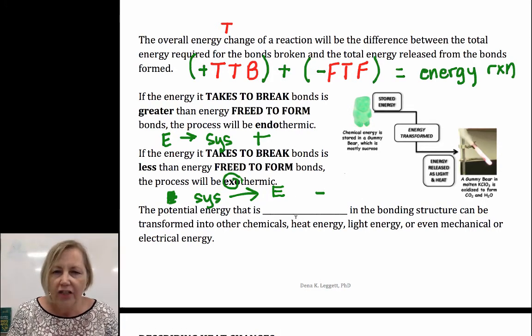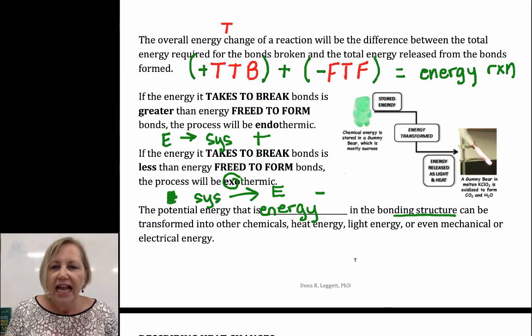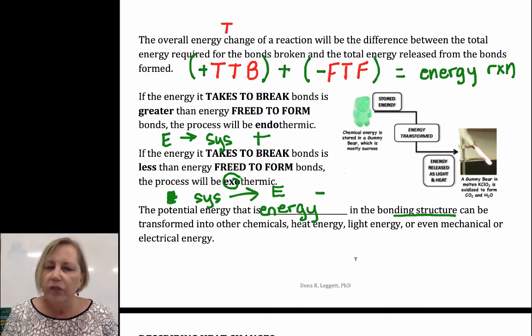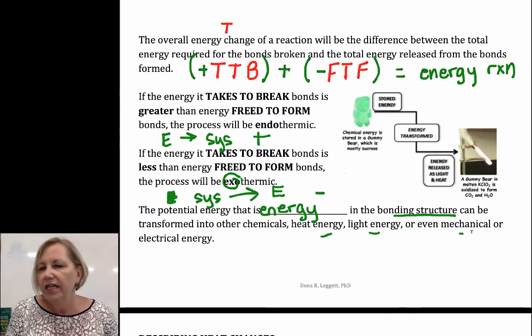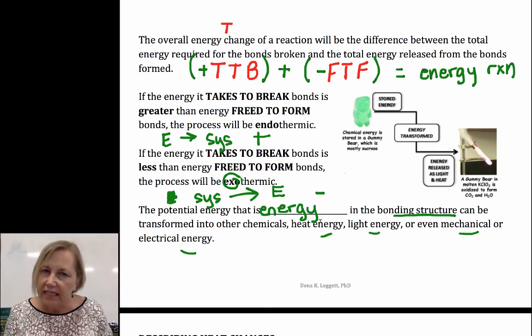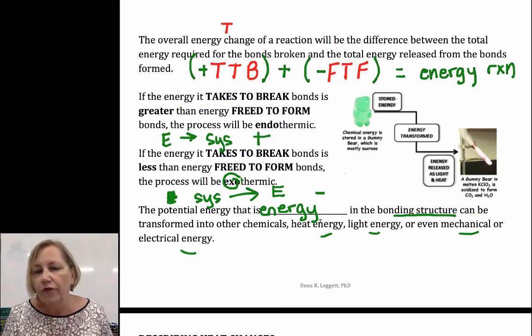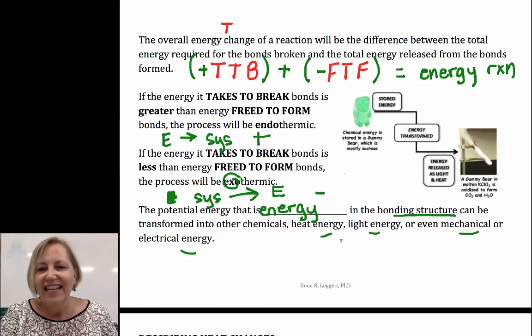So potential energy is the energy that's inherent in the bonding structure. We can take that energy and ultimately couple it in ways that we can get heat energy, light energy, mechanical energy, or electrical energy as we take this balance of breaking bonds and forming bonds and capturing energy.